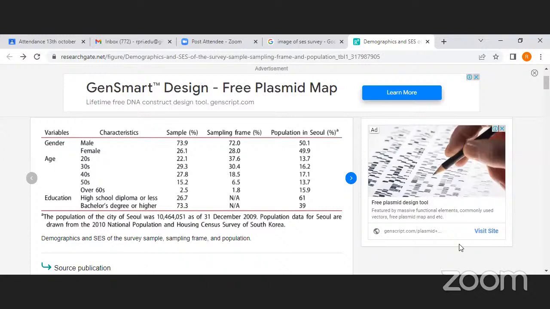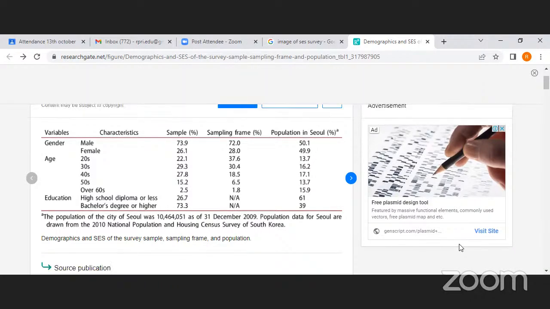When you want to draw the sample, you have to collect the population data from the secondary source, and from there you will make the sampling frame. After that, the sample.